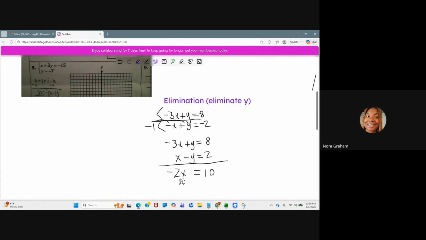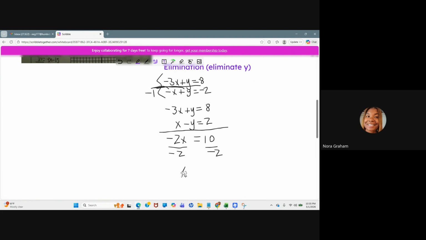Remember that x I want all by itself. Right now it has a coefficient of -2. That -2 is being multiplied by x, so I do the opposite of multiplication, which is division. So I divide both sides by -2. All right. So now I have x equals -5.